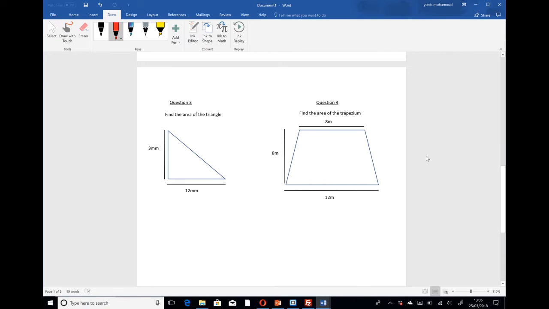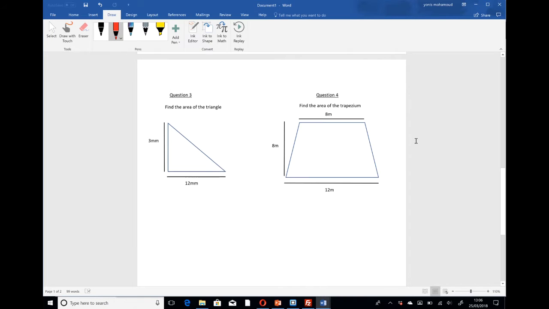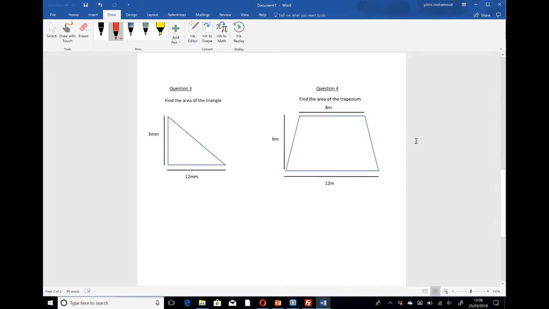Okay, so let's go over question 3. Question 3 asks, find the area of the triangle. Just as question number 2, we don't have any squares for us to count, so we're going to have to use the formula to work out the area of the triangle. And this is one of the other ones you just have to memorize. The area of a triangle is equal to base times height divided by 2.